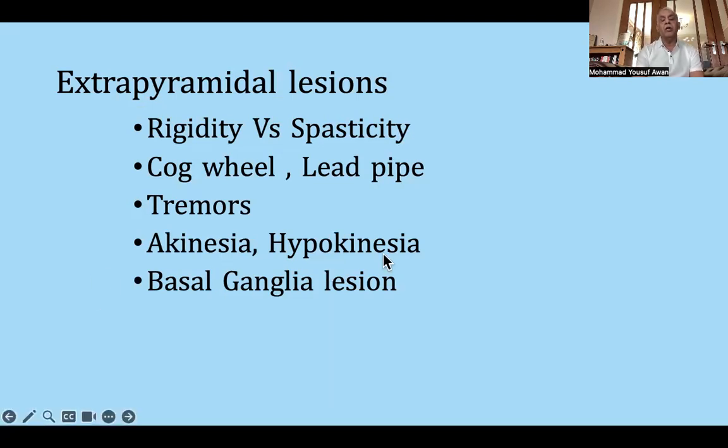Akinesia or hypokinesia means weakness in initiating movements, with absent or weak movements. That is akinesia, and it is a sign of basal ganglia lesion. So the pyramidal tract lesion runs from the central gyrus to the anterior horn cells, while the extrapyramidal lesion is the basal ganglia lesion. That is the difference between rigidity and spasticity.